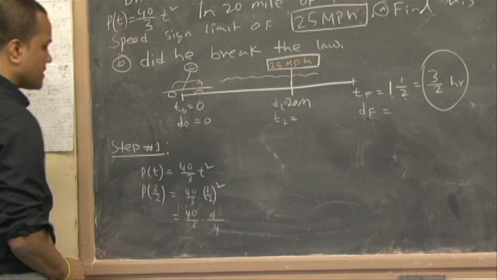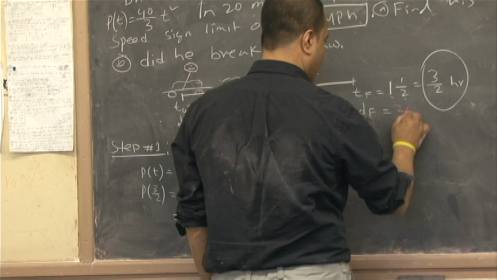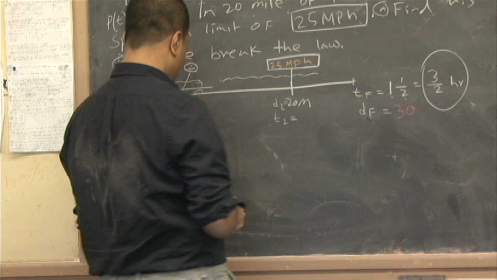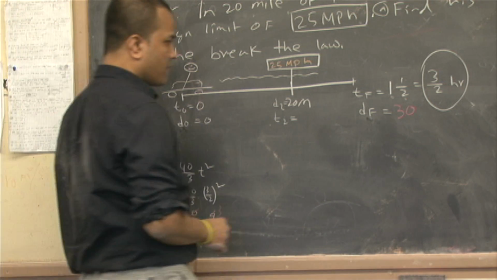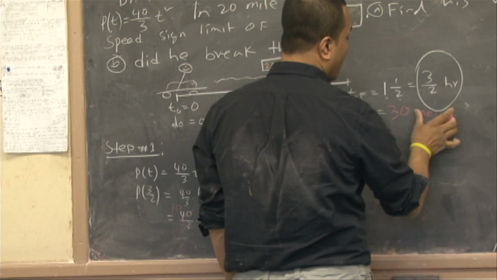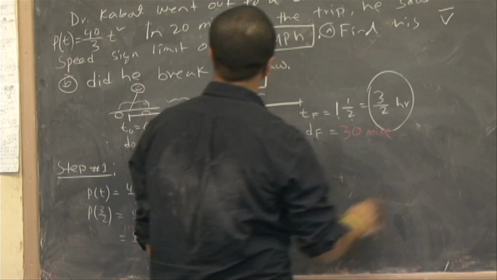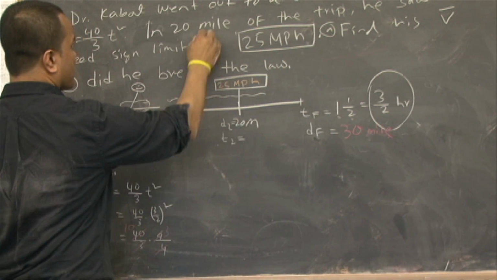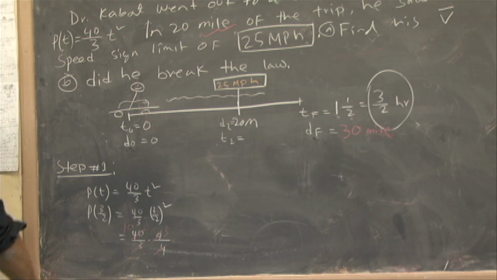So 10 times 3 is 30 miles. So the final distance is 30 miles. In this case we are using miles, since the question is using miles, so let's keep the unit correct.